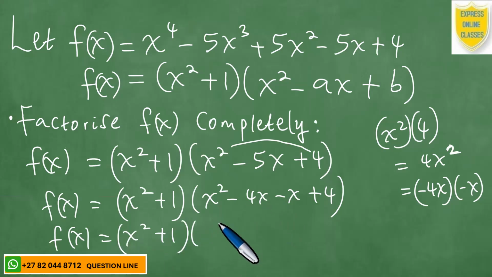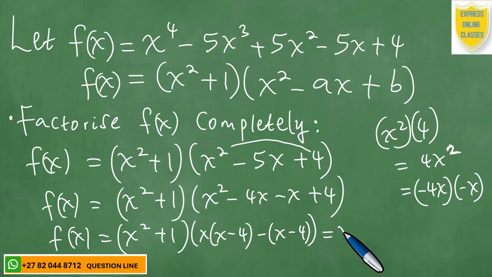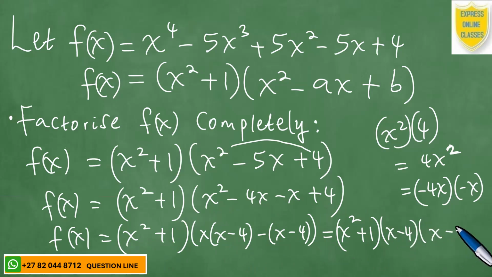Then we come here and do some factorization within the parentheses. We factor out x with x minus 4, and then we have x minus 4. We factor out the x minus 4 from within these parentheses, and that will give us x squared plus 1, and factoring out the x minus 4, we have x minus 4 and then x minus 1.